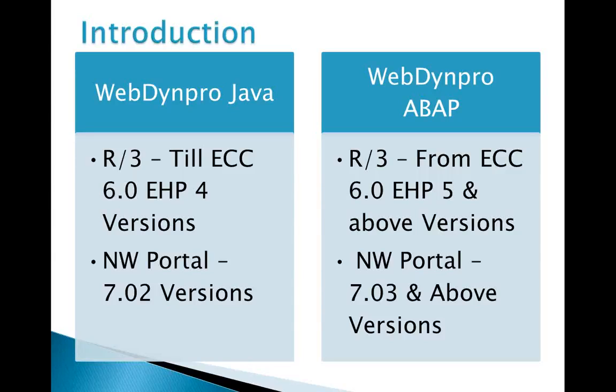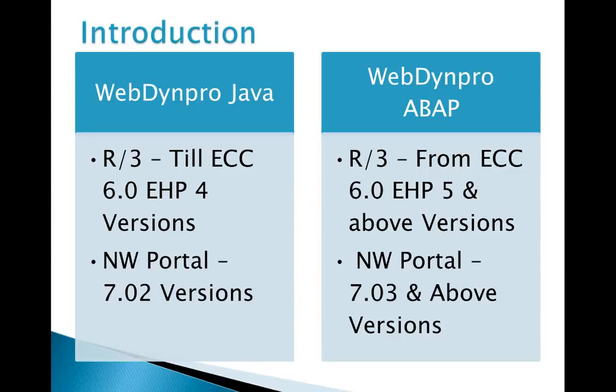As I told you, we are going to make use of these NetWeaver portals, and portals also have different versions. Version 7.2 is compatible with Web Dynpro Java. If you are suggesting Web Dynpro ABAP, then you have to ask your client to upgrade to the 7.3 version of the portal.